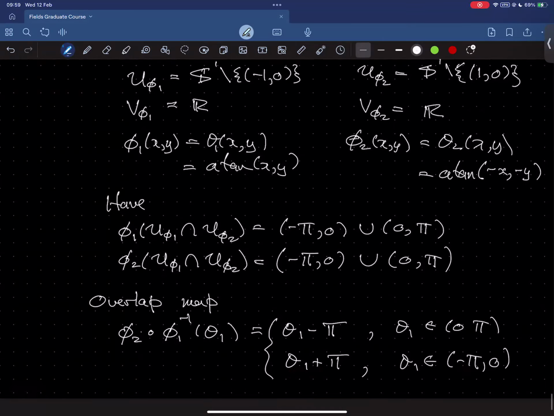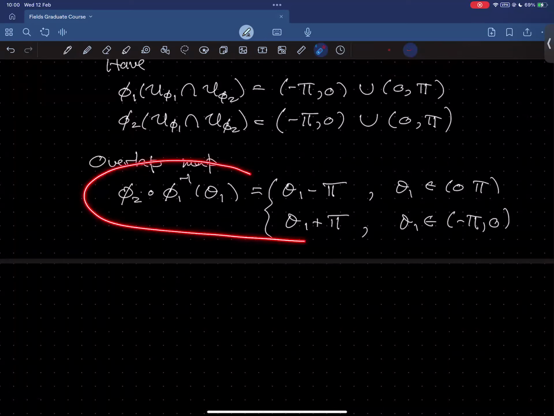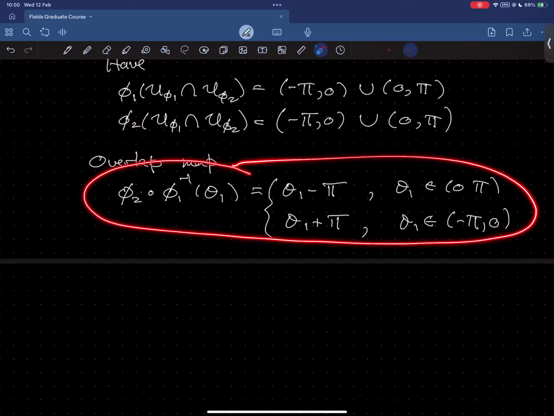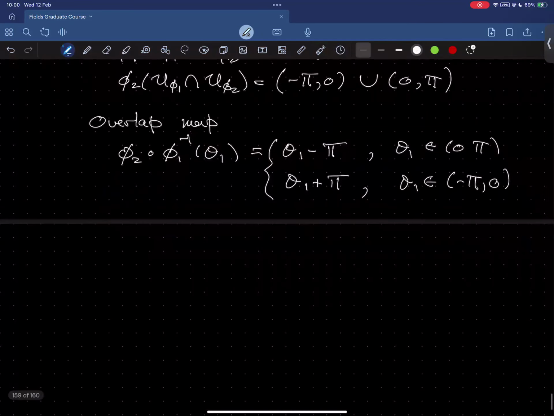All right, now, is this map a diffeomorphism? Well, what is this map? We can just draw its graph. Okay, so we have, let's say, theta 1 here and theta 2 here.